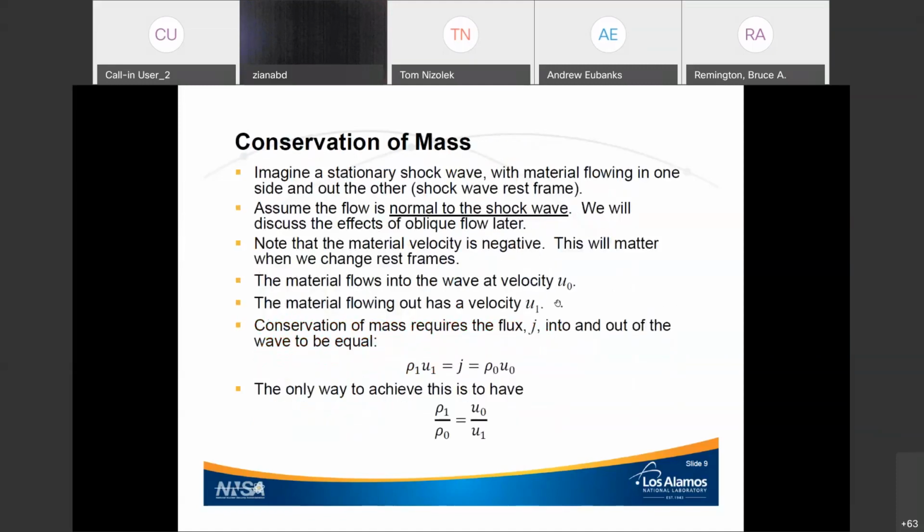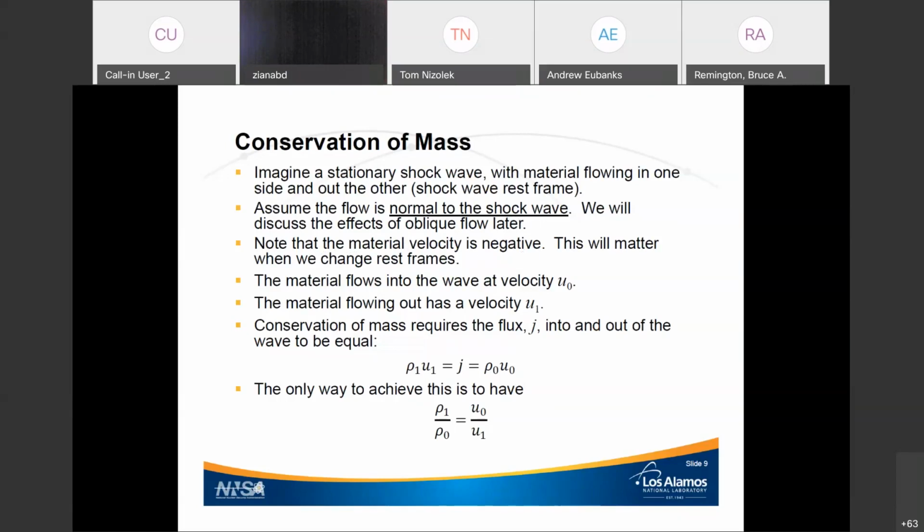So I'm going to go through the conservation equations, since they are so fundamental to this business, and give you very brief derivations of them, as well as, at the end, the way that they are applied to what I will call the usual experimental case. Again, normal flow. We assume that the material velocity is negative.